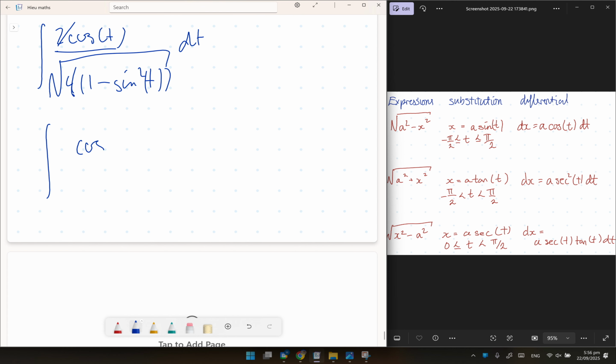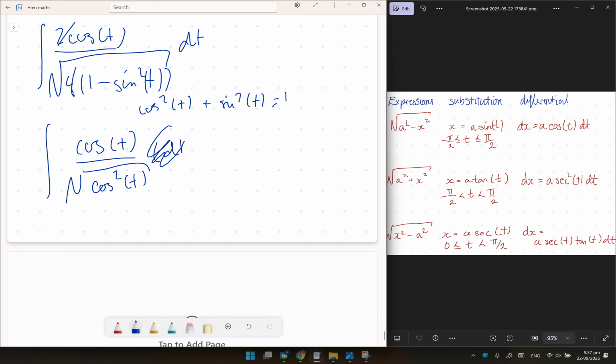So now we only have cos t and 1 minus sine squared t. If you remember, cos squared t plus sine squared t equals 1, so 1 minus sine squared t is equal to cos squared t. So that would be the square root of cos squared t dt.